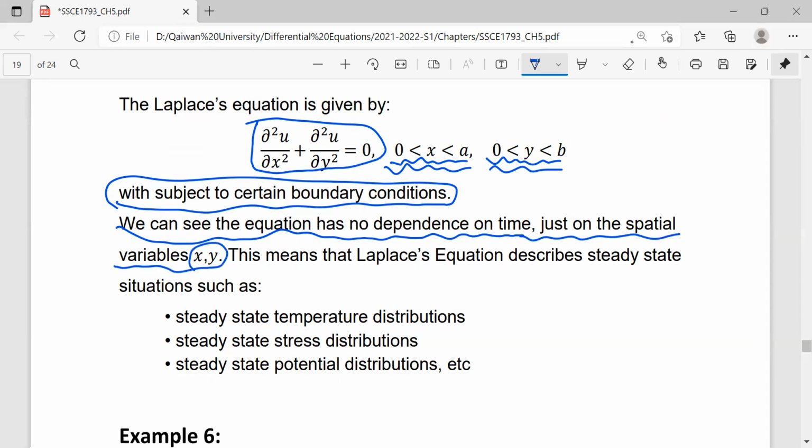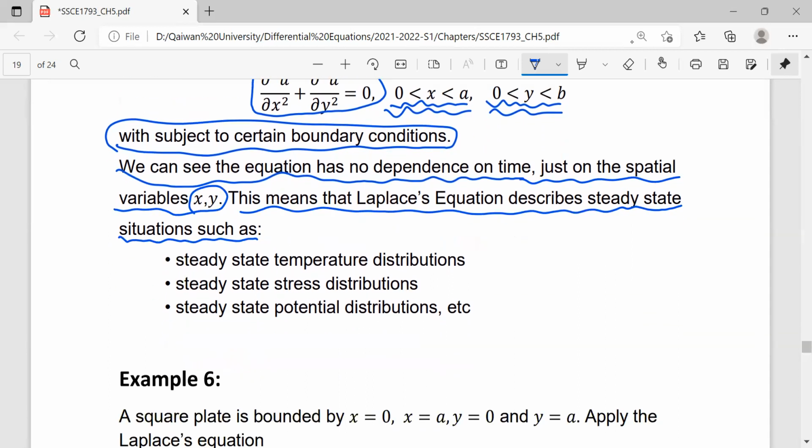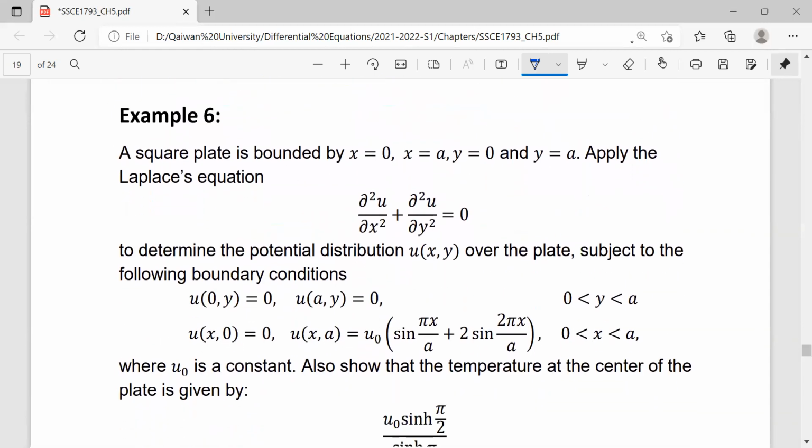This means that the Laplace equation describes steady state situations, such as steady state temperature distributions, steady state stress distributions, and steady state potential distributions, and so on. Here we have given an example.